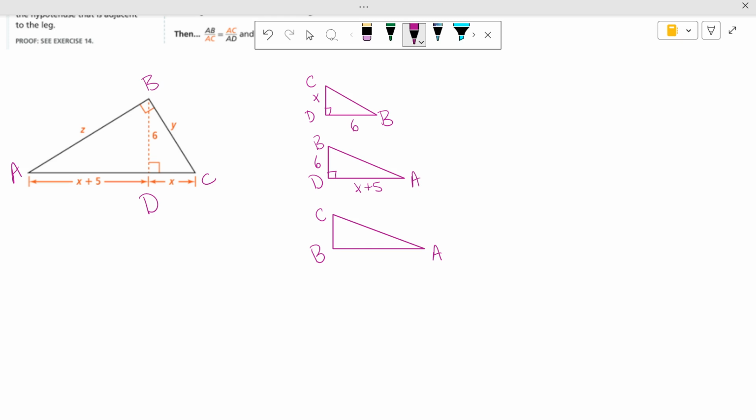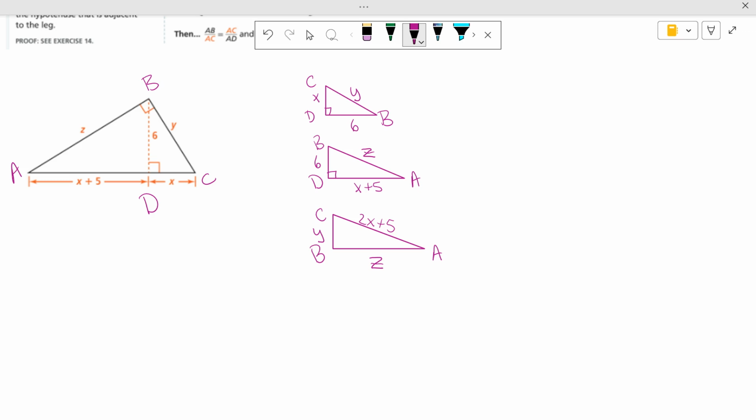I know that BC is Y, so Y goes here and here. I know AB is Z, so Z goes there and there. Those are Z's, so I'll make a little mark through them so they're not 2's. And AC is 2X plus 5.